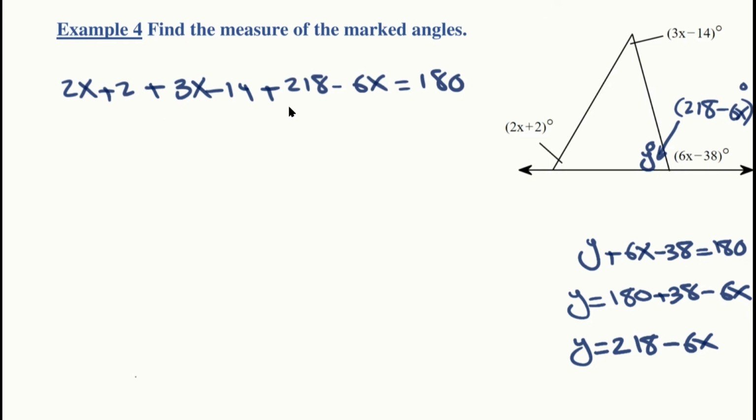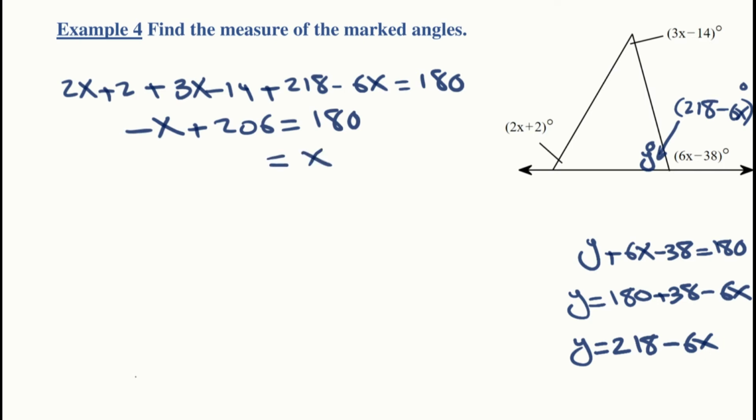Combining the x terms on the left side will give us 2x plus 3x, which is 5x minus 6x, that's negative x. Combining the constants will give us 2 minus 14, which is negative 12, plus 218 should give us positive 206 equals 180.